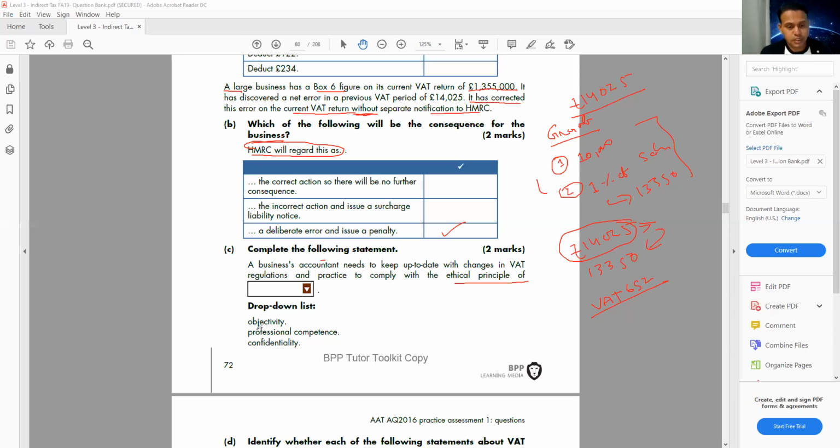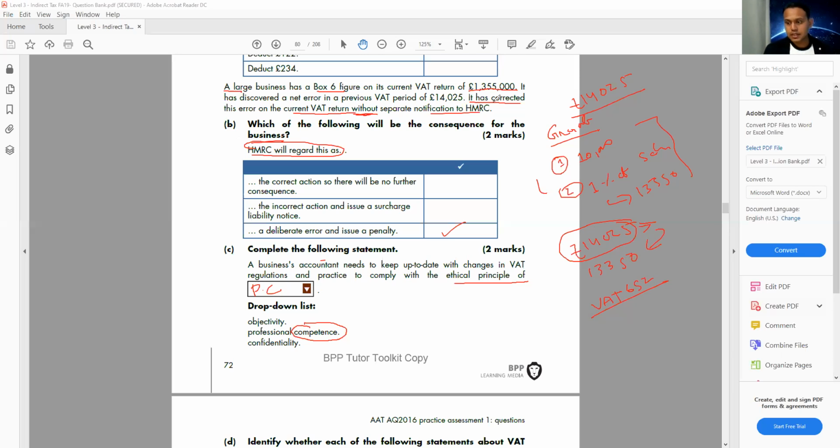Objectivity, professional competence, or confidentiality? They have to keep themselves up to date, so professional competence. Professional competence means their skill and expertise need to be up to date. They have to keep all this knowledge up to date so they don't make a mistake and they know the new regulations.